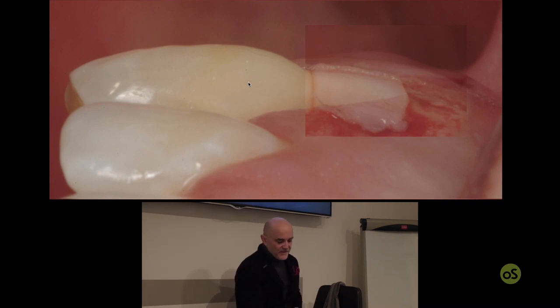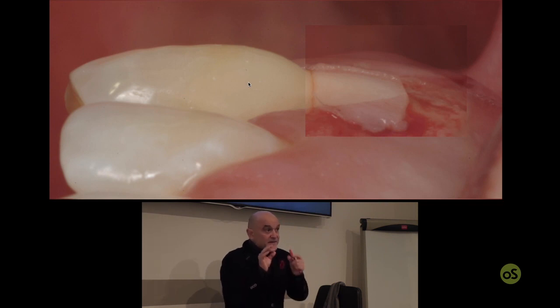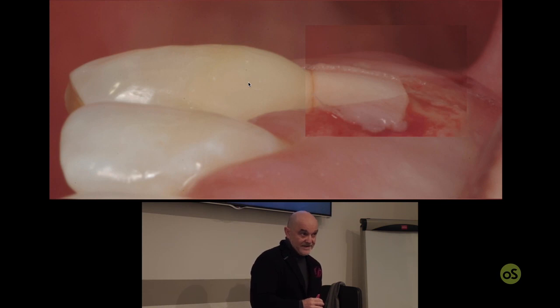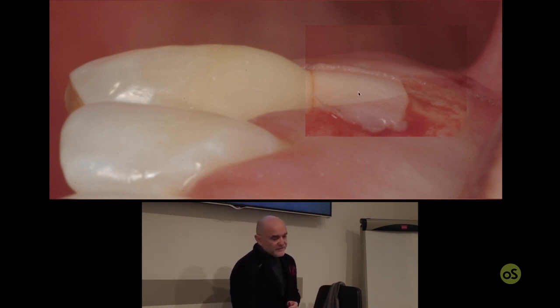So if in your flap you have only 1 millimeter of keratinized tissue remaining, this 1 millimeter will be placed on the enamel. Okay, so the tissue that is remaining to cover the root is only alveolar mucosa.